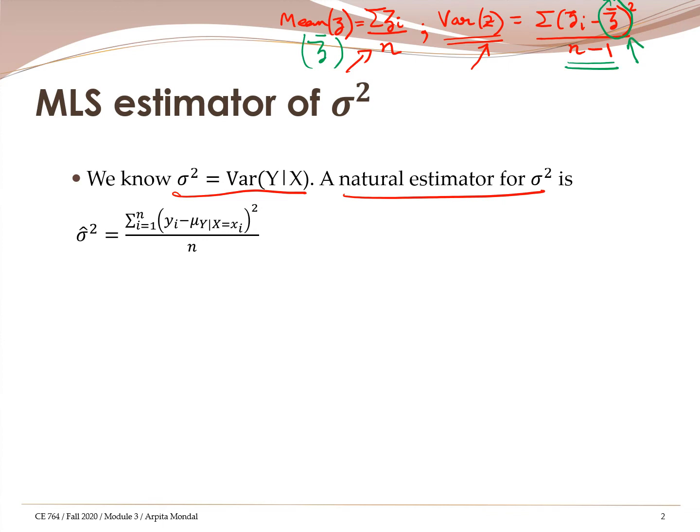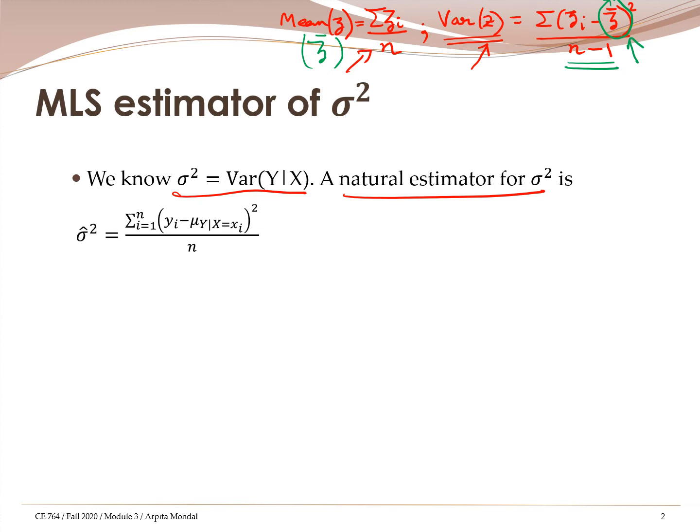If instead of one parameter we had used two parameters, which are again estimated from the very sample, then we might use a degree of freedom of n minus 2, right? So with this little background, let us come back to our parameter sigma square in the simple linear regression model.